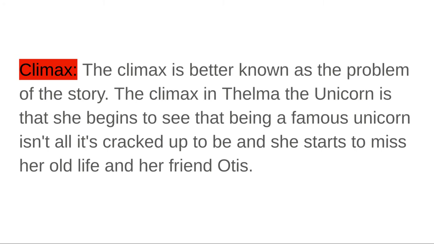And she starts to miss her old life and, more importantly, her old friend Otis. She realizes things weren't as bad as she thought they were, and she kind of wishes she could go back to her old life because she's getting harassed by people on the streets. There's weird people following her, and it's just not what she expected. So that's the problem. That's the climax.